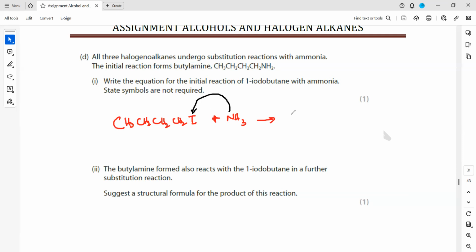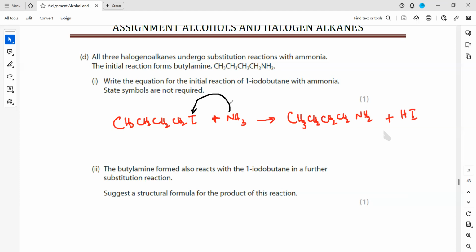So the product will be CH3CH2CH2CH2NH2, which means it will produce butylamine, and the hydrogen combined with iodine will produce hydrogen iodide. If we use excess ammonia, then only mono substitution happens.